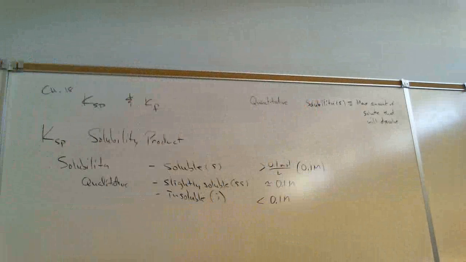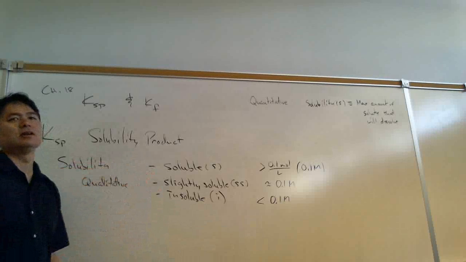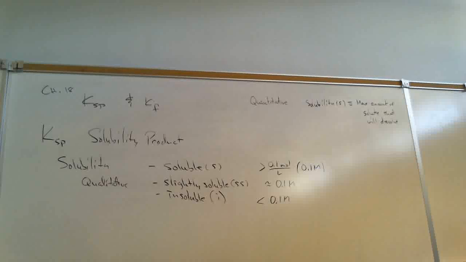What do you think? Calcium fluoride. Calcium fluoride, let's do it. This one first. Calcium fluoride is soluble. That seems to make sense. Calcium fluoride should be soluble because calcium chloride is soluble, calcium bromide is soluble, calcium iodide is soluble, and so calcium fluoride should be soluble.